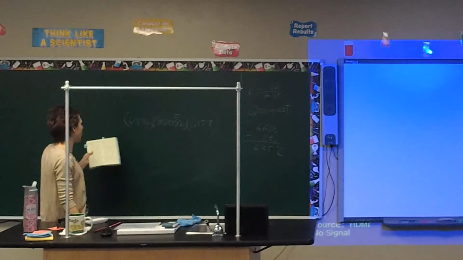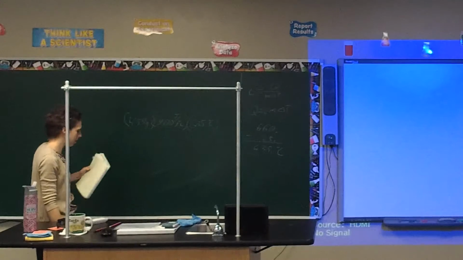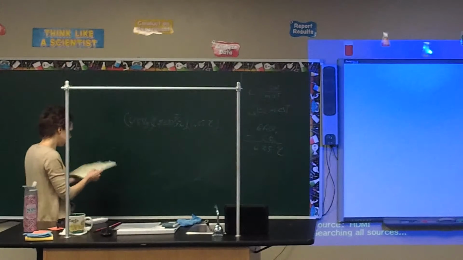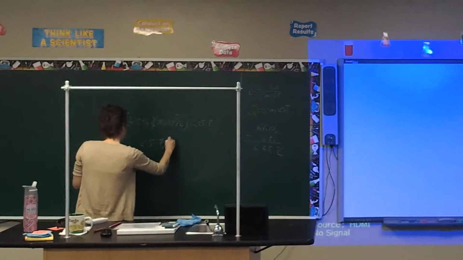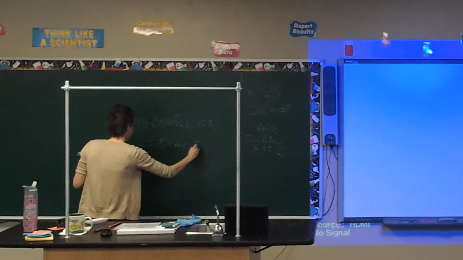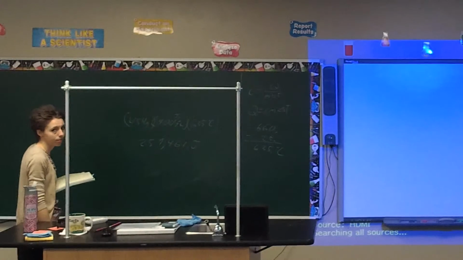So 454 times 0.9 times 635 comes out to 259,461 joules.